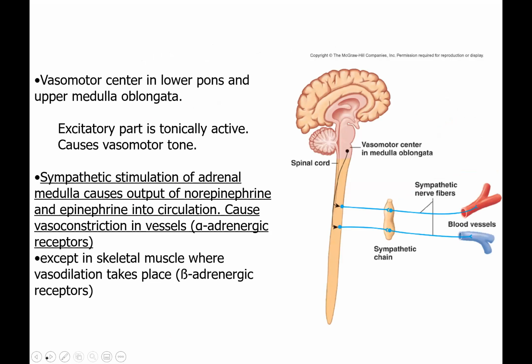Another part of the vasomotor control in our nervous system, especially through the sympathetics, is the ability of the blood vessels to vasoconstrict. So here's a blood vessel. Here's a receptor.